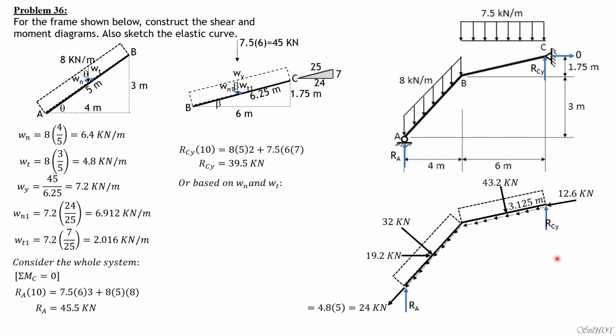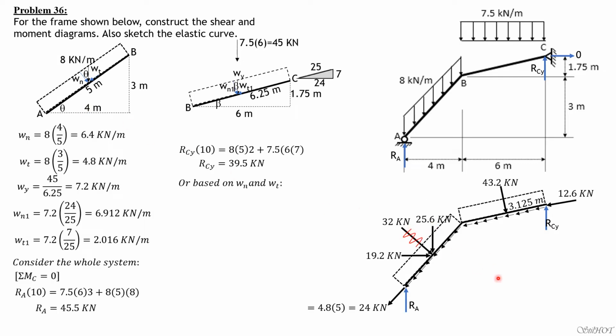So let's resolve 32 kilonewtons into horizontal and vertical components. 32 times sine of theta, 3 over 5, is 19.2, while 32 times cosine theta, the vertical component, is 32 times 4 over 5, which is 25.6.